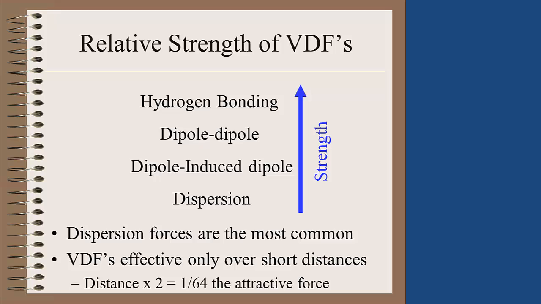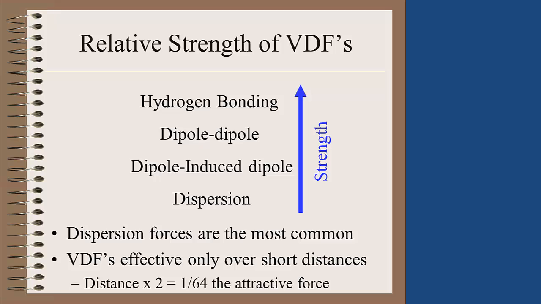You see here a relative assessment of the strength of these van der Waals forces. The dispersion forces being the weakest, that was between nonpolar molecules. Dipole-induced dipole is when you had one polar molecule and one nonpolar molecule, and followed by then in strength by dipole-dipole, two permanent dipoles.